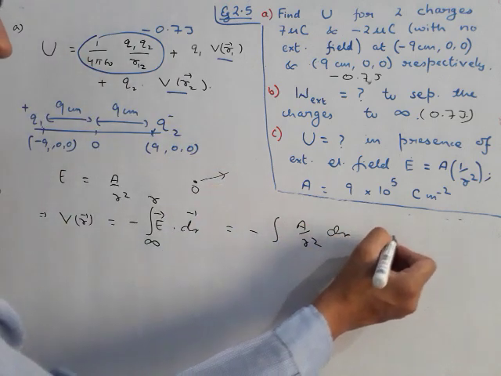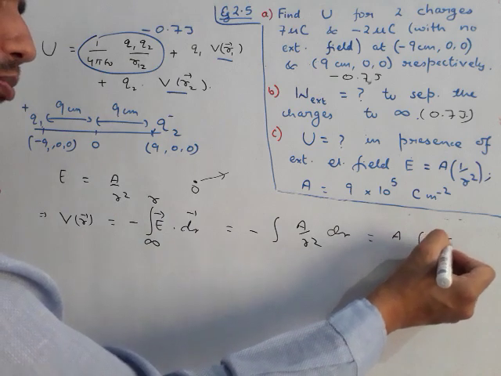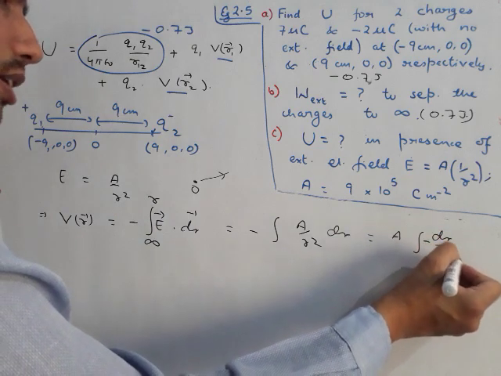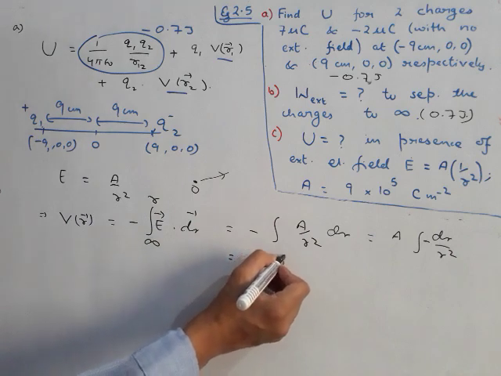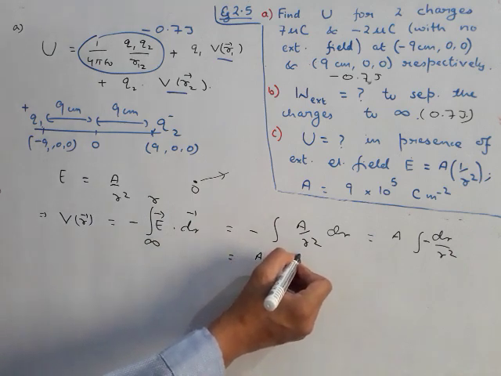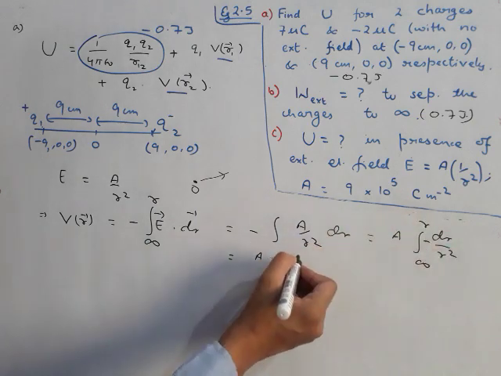A is constant, so it will come out. What will be left? Integration of dr upon minus R square. This integration you can solve out. You will get A times 1 by R. And the limits are from where to where?